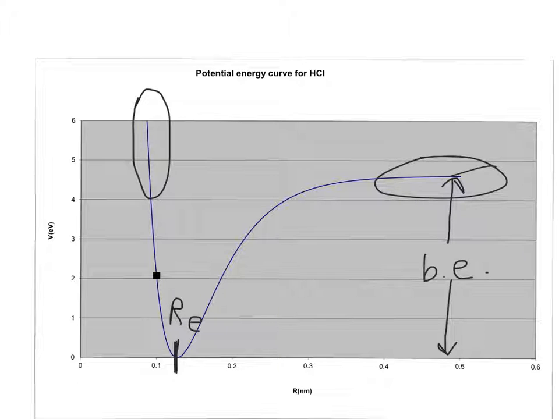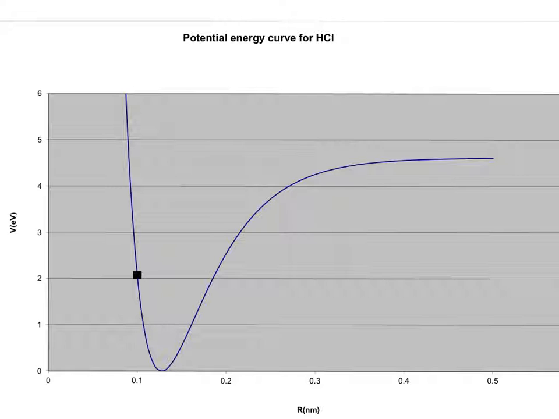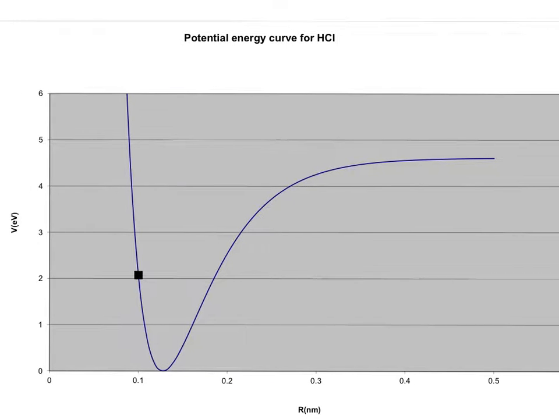To illustrate some more about this, I will get a fresh copy of the potential energy function. Okay, so here it is. Imagine we start at the point indicated by the box in the diagram, and we start with the molecule not moving. At that point, there will be a force in this direction that will cause the bond to stretch. The force is, as you know, proportional to the slope of the potential energy function.